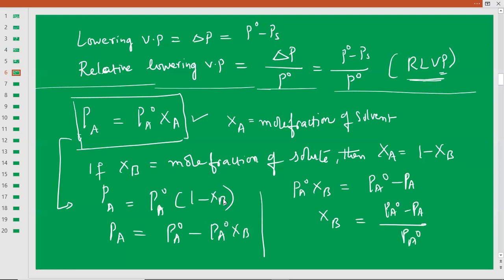So this XB is nothing but the mole fraction of solute, the number of moles of solute NB by the total number of moles, Na plus Nb. You can also write it like this as the mole fraction of solute formula. And whatever we notice, Pa0 minus Pa by Pa0, is the relative lowering of vapor pressure.